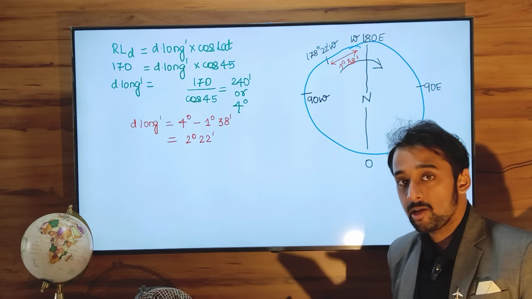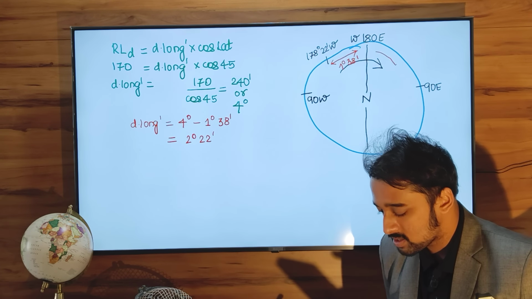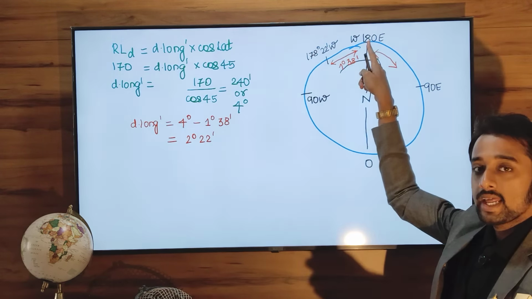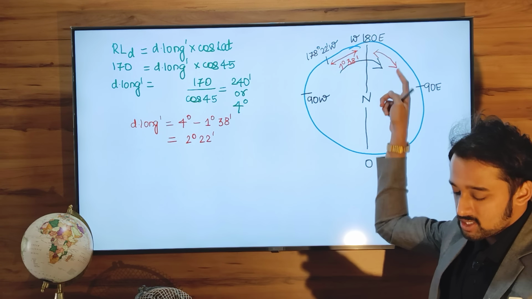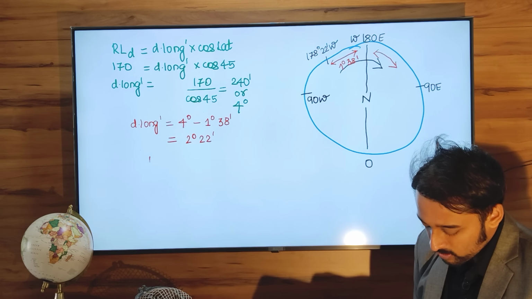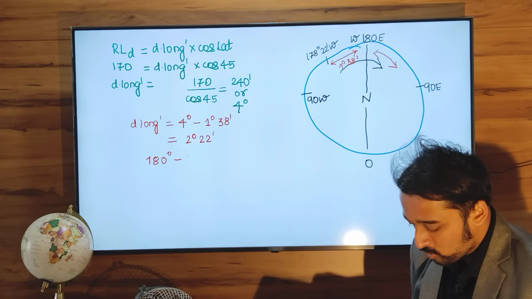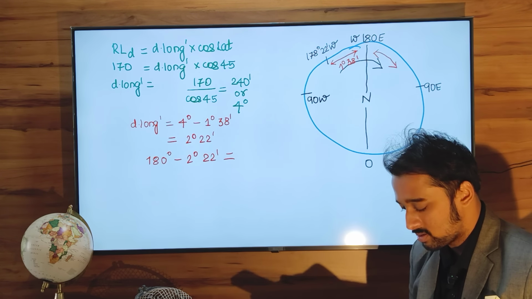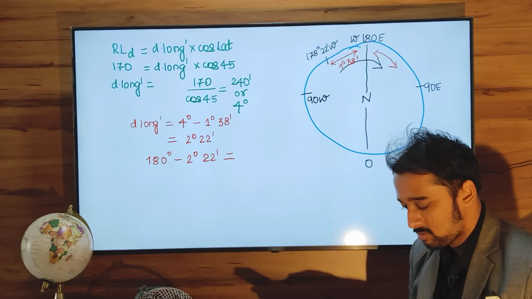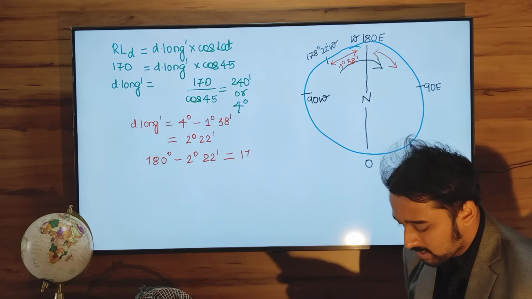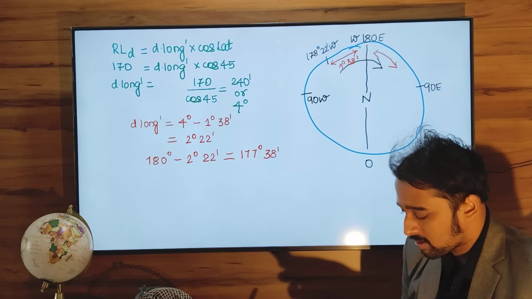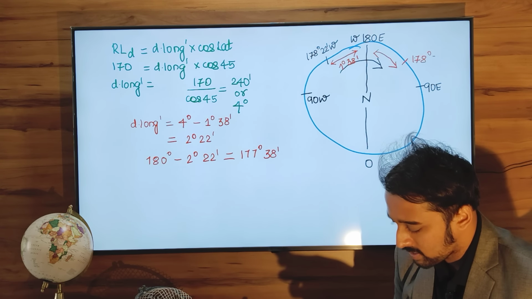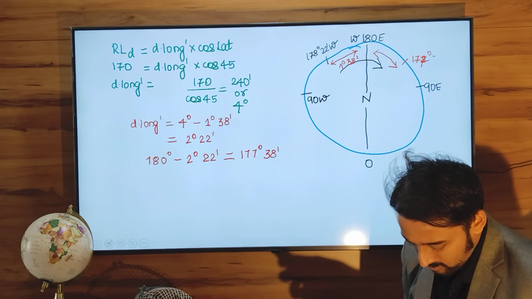That means the remaining part, 2 degrees 22 minutes, will be spent when coming from the 180 degree anti-meridian into the eastern hemisphere. So we subtract 2 degrees 22 minutes from 180, which gives me 177 degrees 38 minutes. So our new longitude will be 177 degrees 38 minutes.